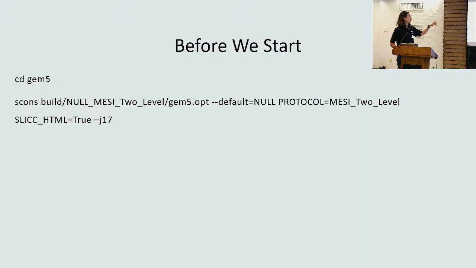You want to run it with the NULL ISA, because we want to run traffic generators, MESI_Two_Level, which is our coherence protocol, /gem5.opt. The default is basically your ISA and your protocol, and you can just skip the slicc HTML if you want to, but if you can just copy that, you can also do that. And just run it with 17 cores here to make things faster.